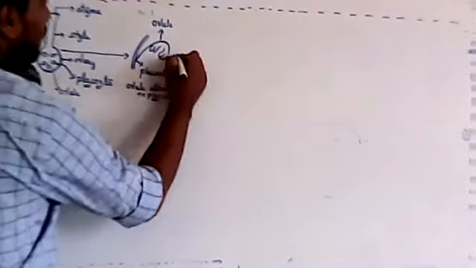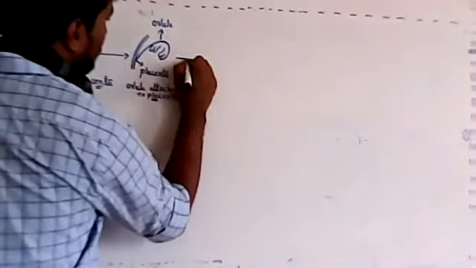So next you can write: ovule attached to placenta. So it will be attached to the placenta. Right. Next you can put an arrow, and then we'll see what is present inside the ovule.